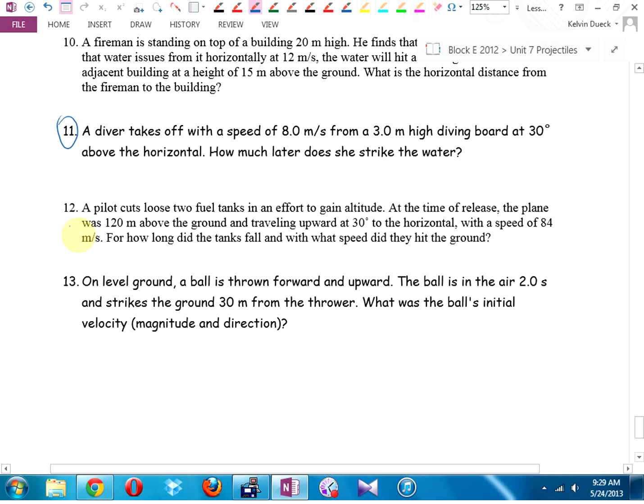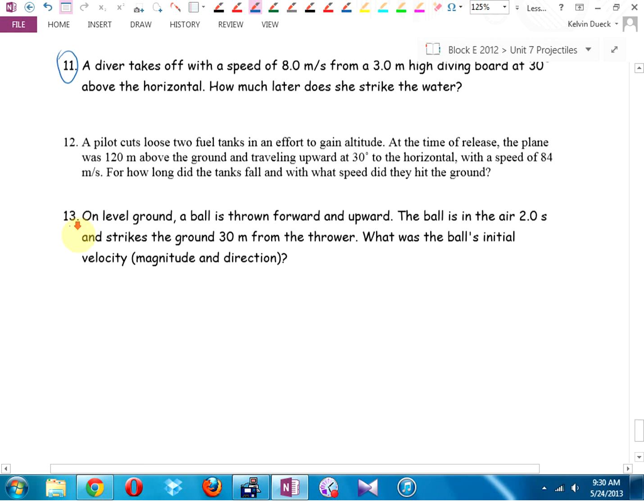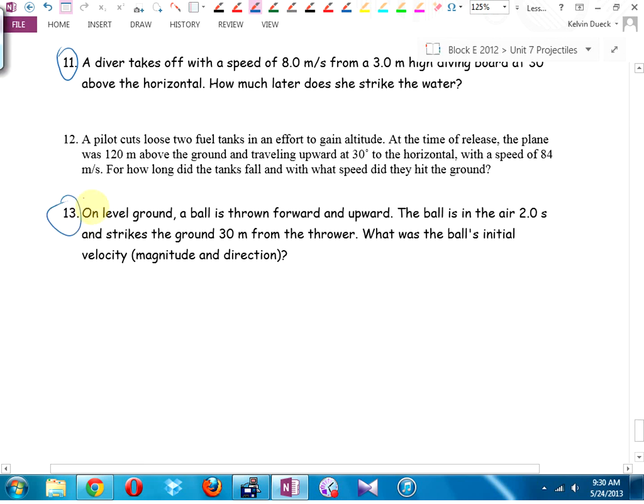On level ground, a ball is thrown forward and upward. The ball is in the air 2 seconds, and it strikes the ground 30 meters from the thrower. What was the ball's initial velocity? You can try 13. Those are nasty, and if you can't get those, no big deal.